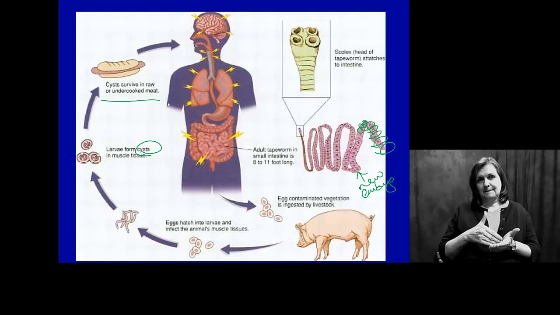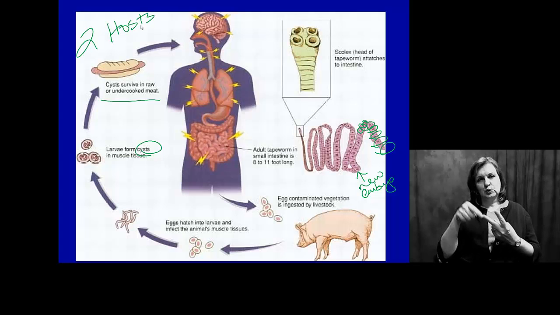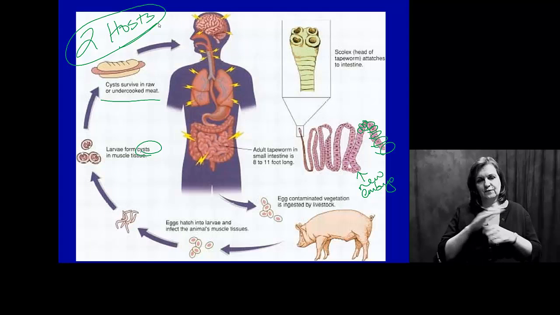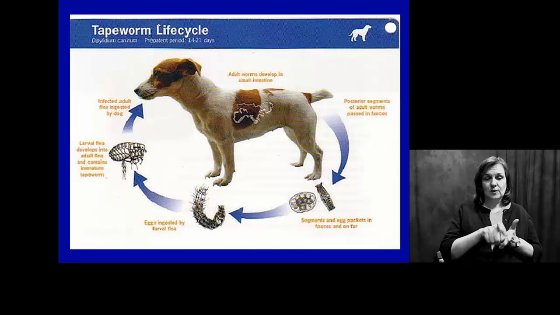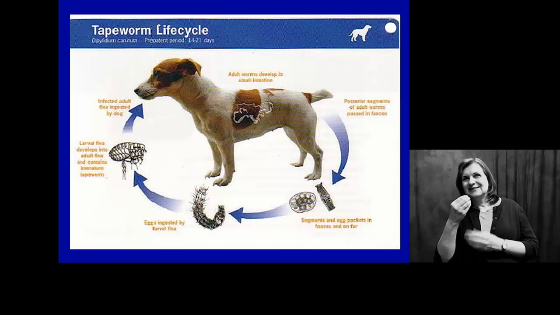These organisms are important when we look at ecosystems because they actually need two hosts to complete their life cycle. Same with your dog. When we talk about dogs and tapeworms, we don't look necessarily at them eating undercooked meat as much.